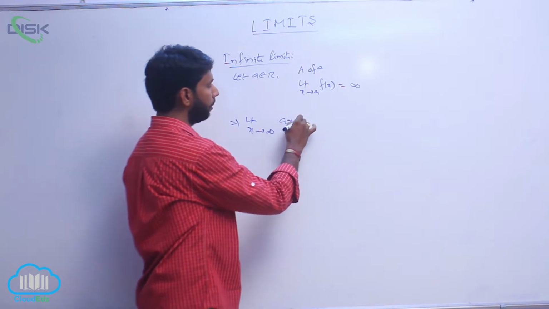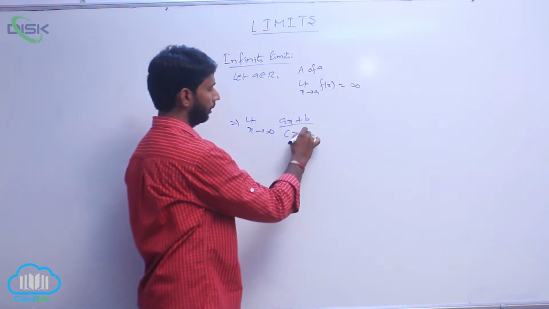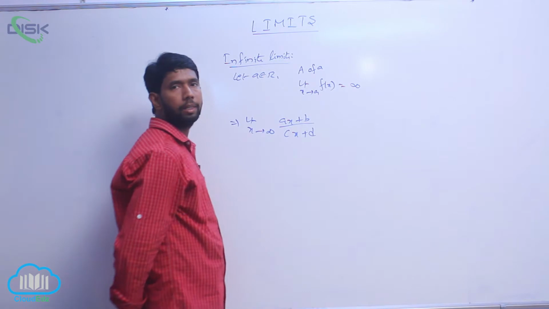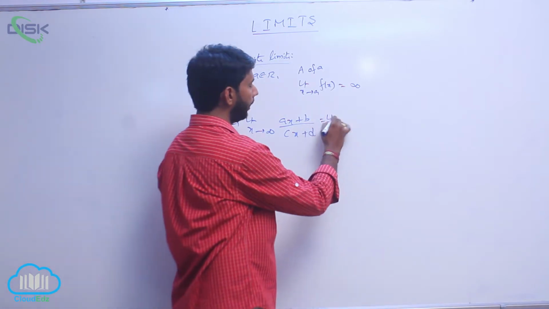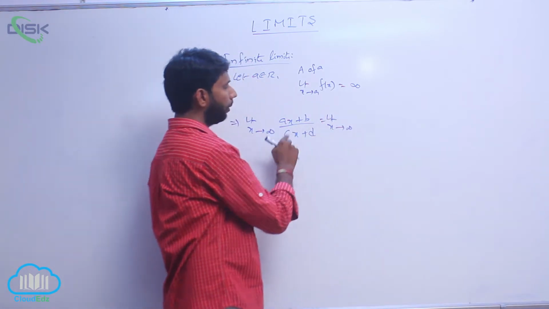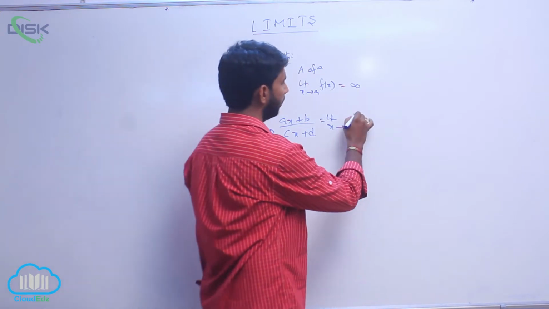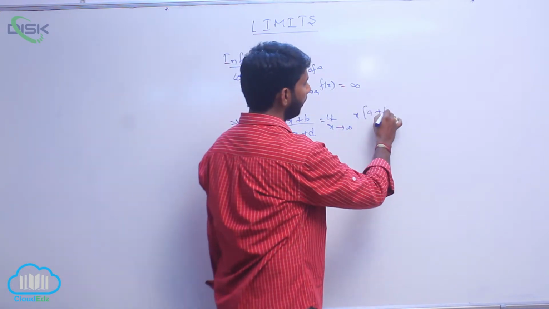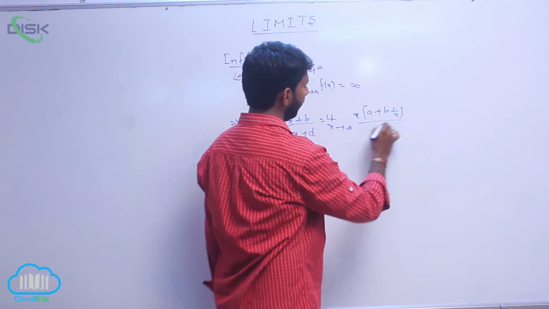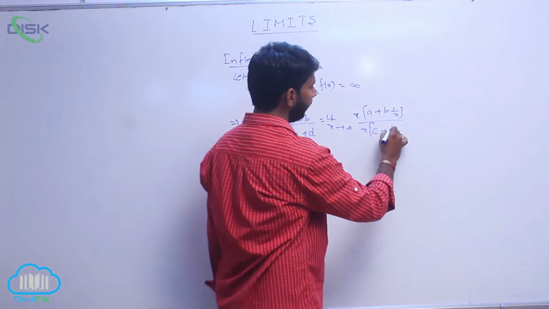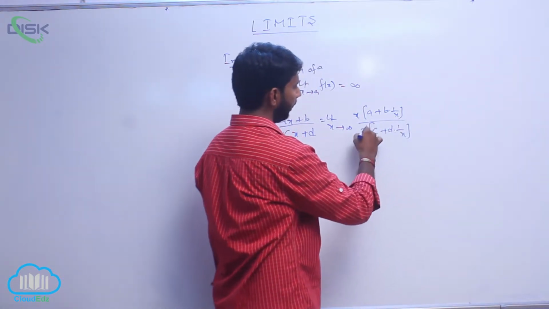That is the limit as x tends to infinity. Suppose ax plus b by cx plus d equals the limit as x tends to infinity. In numerator and denominator x is common, that is x of a plus b into 1 by x by x of c plus d into 1 by x. Here x is cancelled.